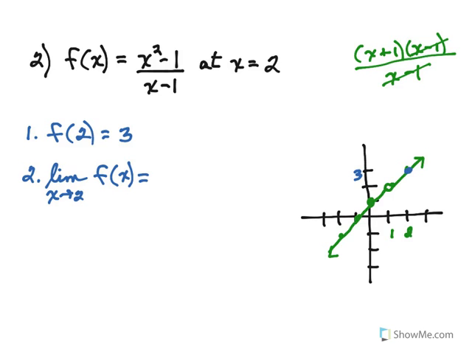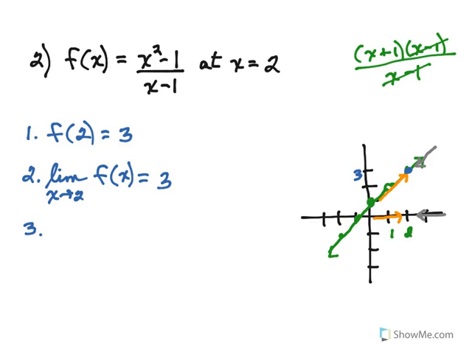As we're coming towards 2 from the left side, notice how our y's are all approaching that spot where f of 2 equals 3. Coming from the right, we're coming down the line this way, but notice we're still approaching the spot where f of 2 equals 3. So in this case, the limit is 3.